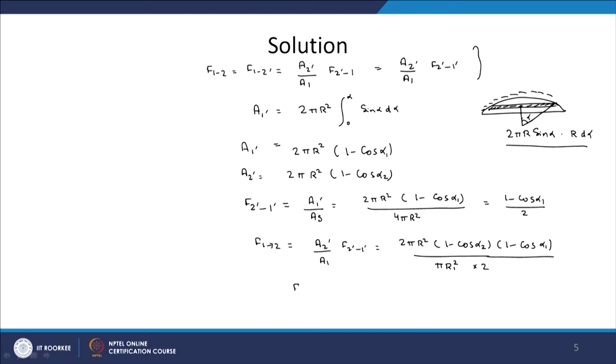So, we have F1 to 2 as equal to 1 upon r1 square. We can substitute for cos alpha 1 and cos alpha 2, and our relation becomes (r minus under root r square minus r1 square) times (r square minus under root r square minus r2 square). So, this is our expression for the view factor.